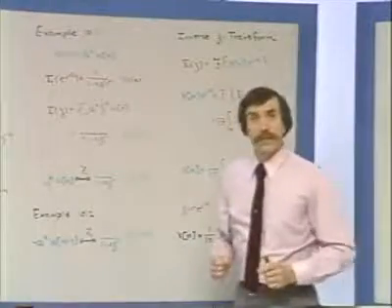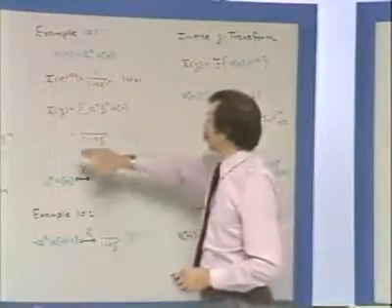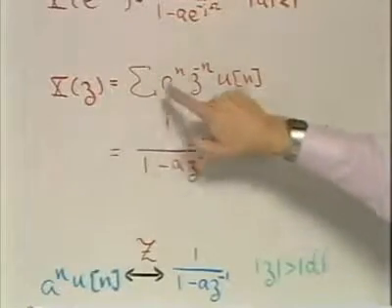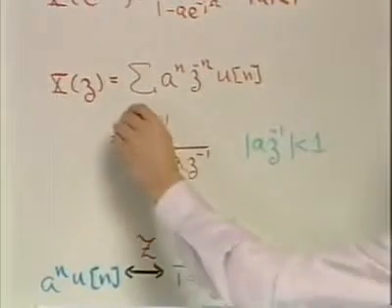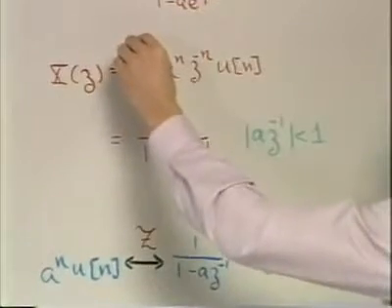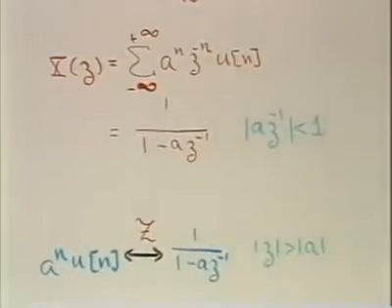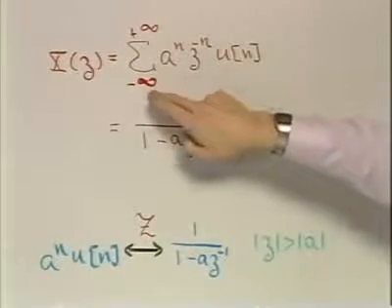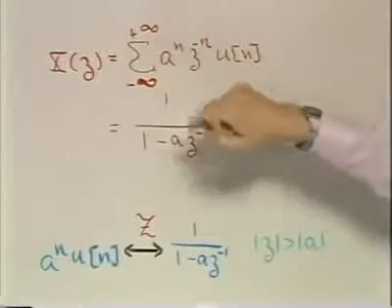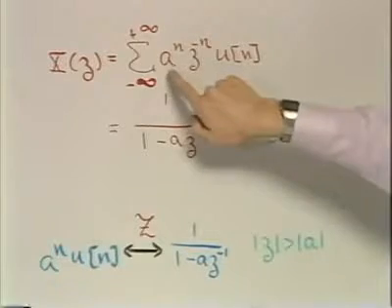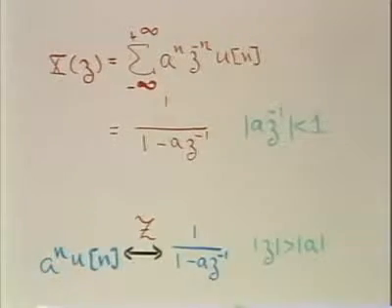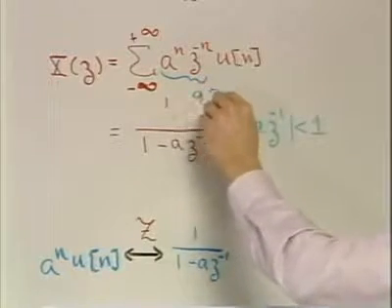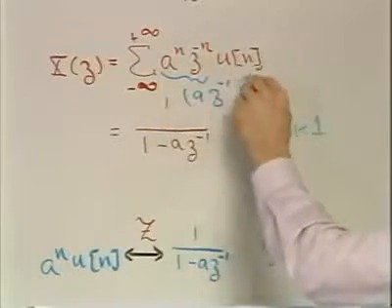All right, now let's look at the z transform. The z transform is the sum from minus infinity to plus infinity of a to the n z to the minus n times a unit step. The unit step will change the lower limit to 0, so it's the sum from 0 to infinity. And this is of the form a times z to the minus 1, to the n.